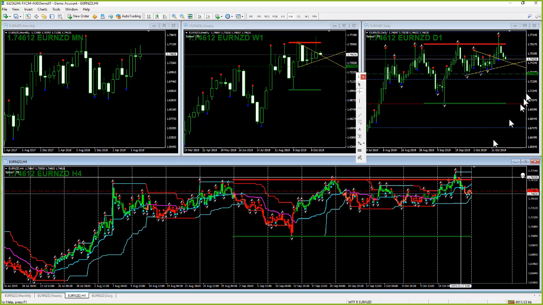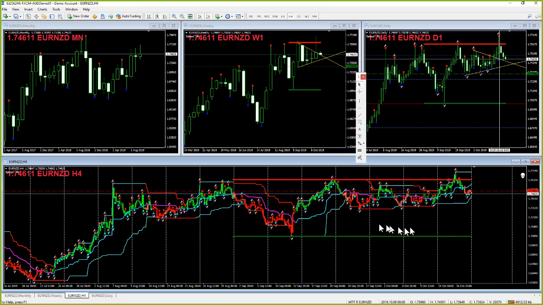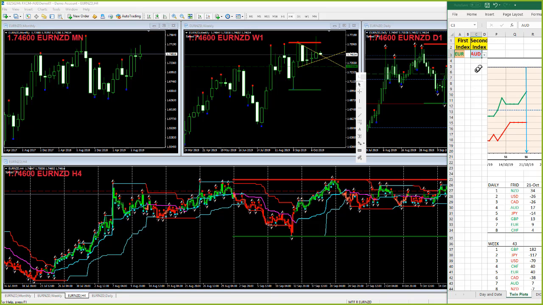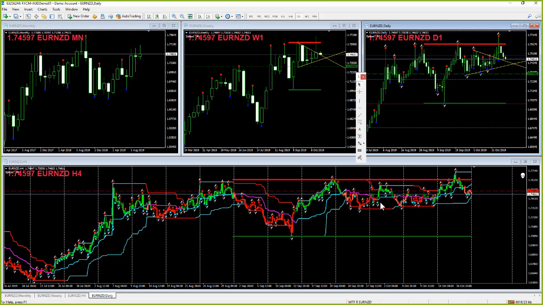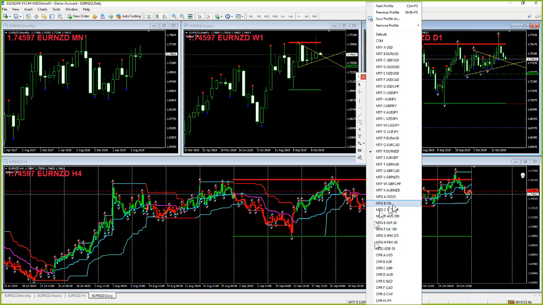It went up a little bit because of breaks over here, but now it seems like it wants to come down. So the color change, everything is into that in Euro New Zealand. We need to wait for a nice break before we make any decisions with it.